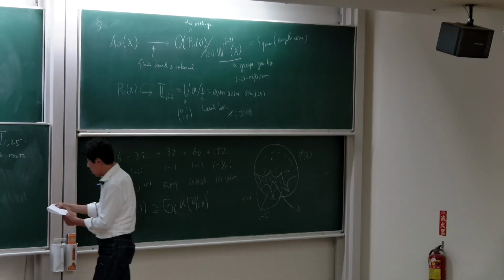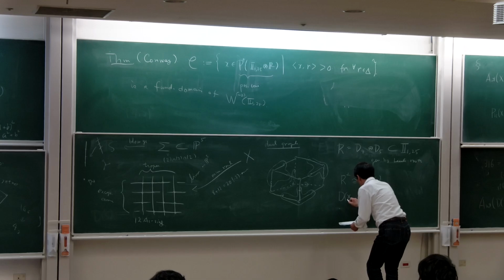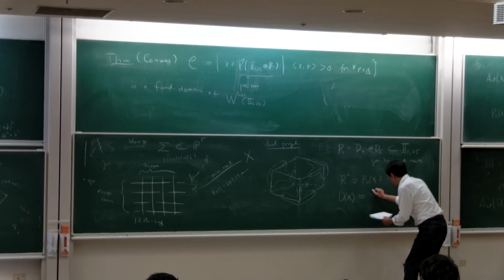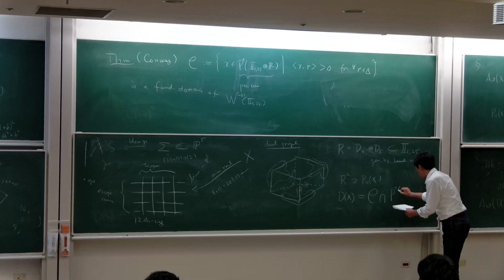And then, with the same terminology, D_X is the restriction of the Coxeter-Vinberg fundamental domain to the positive cone.